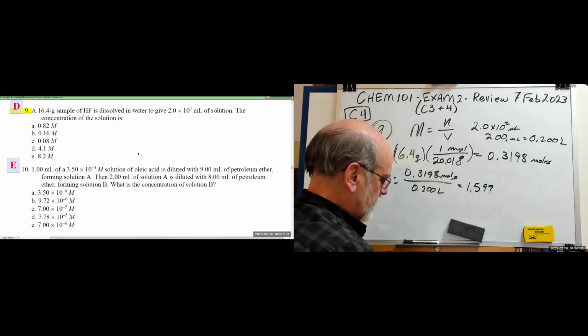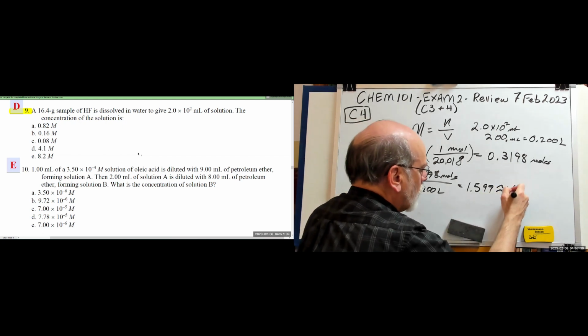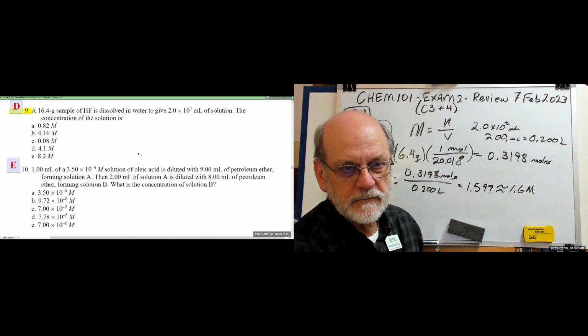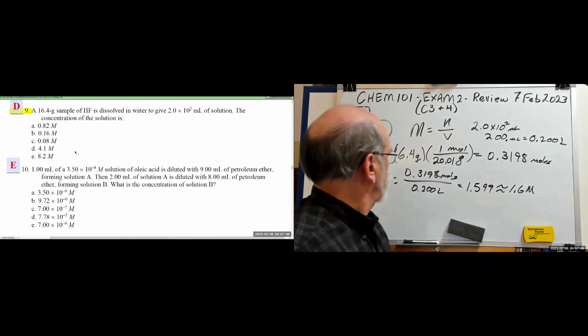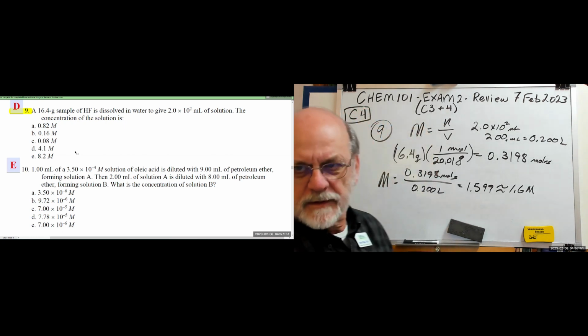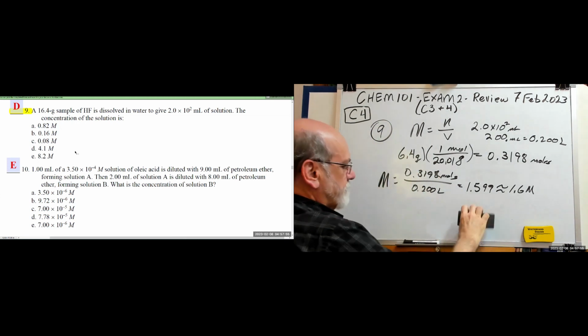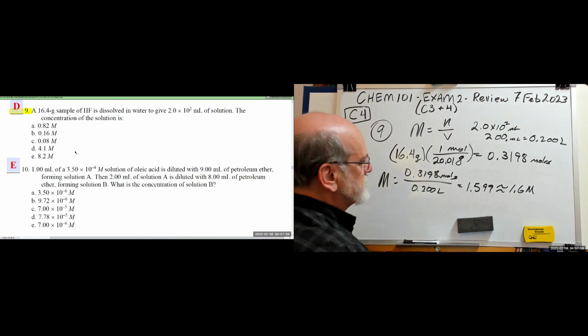Let me do that again. 0.3198 divided by 0.2. Yeah, that's right. It's rounded off to 1.6 molar. 16.4 grams. Oh, see what I did? I covered up my 1 with a parentheses.